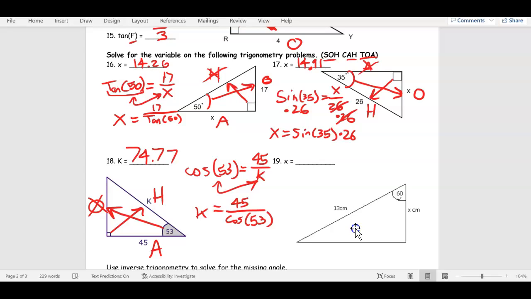Cool. All right, on this section, here we go. Opposite, here's the 90. Hypotenuse, adjacent. O has nothing, so that's cosine. Cosine 60 equals A over H, x over 13.